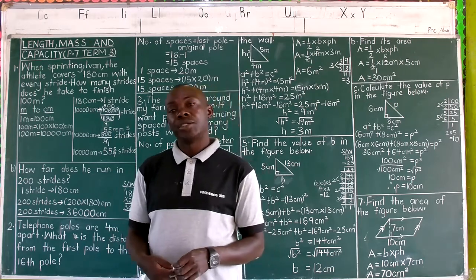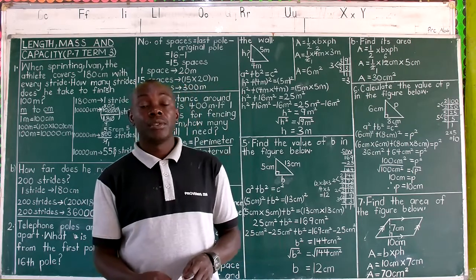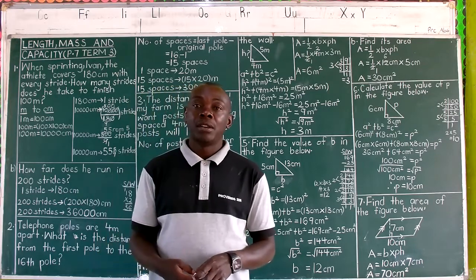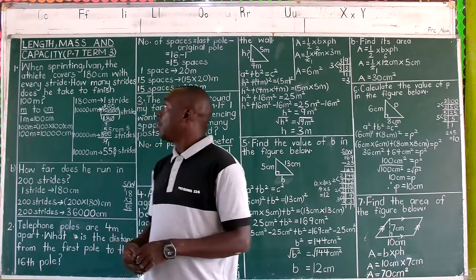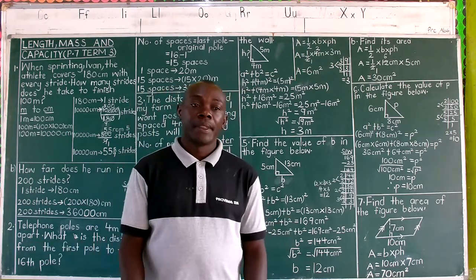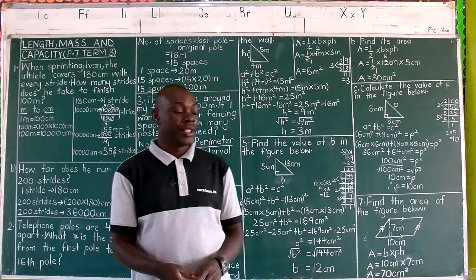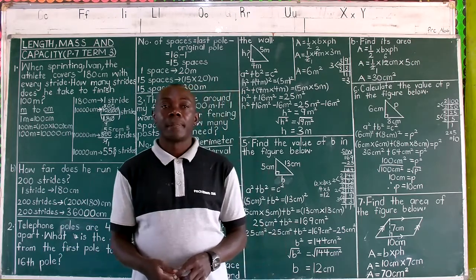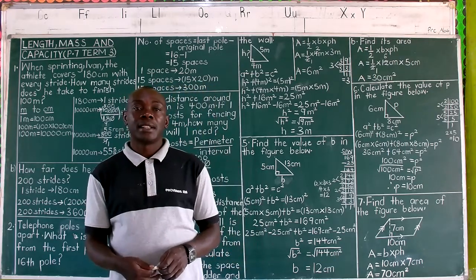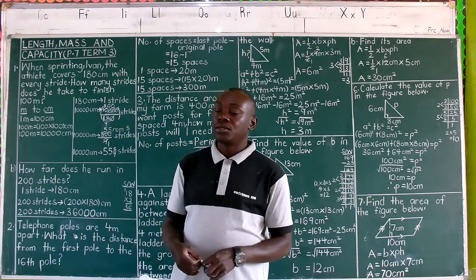And now I urge you to follow strictly because it's one of the sensitive topics which are mainly failed at PLE level. Now we describe each of them. Length, like the word suggests, is how long an object is in terms of metric units like kilometers, hectometers, decameters, meters, centimeters, decimeters, millimeters. So anything to do with meters is talking about length.